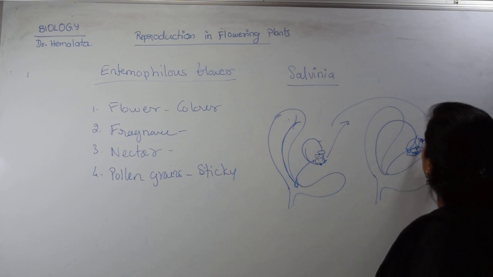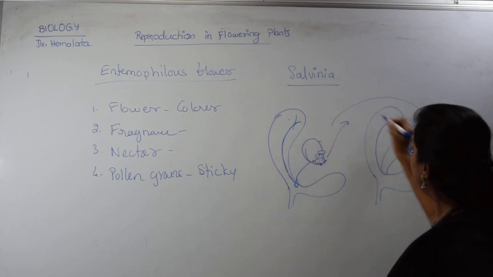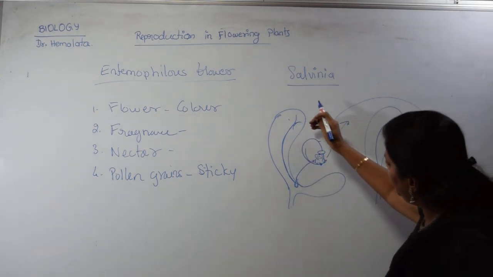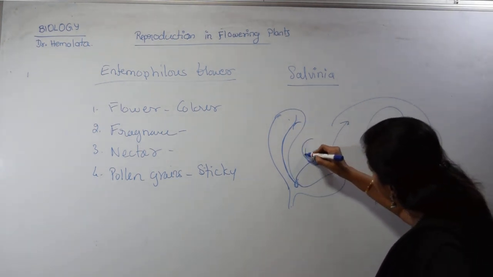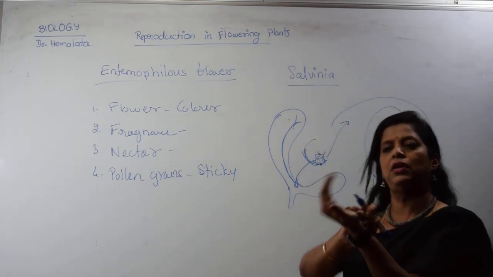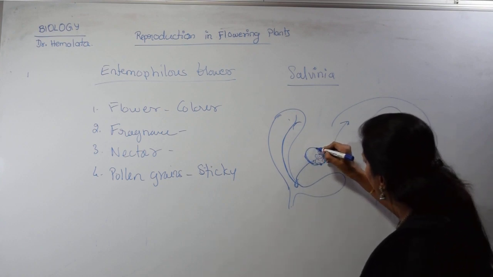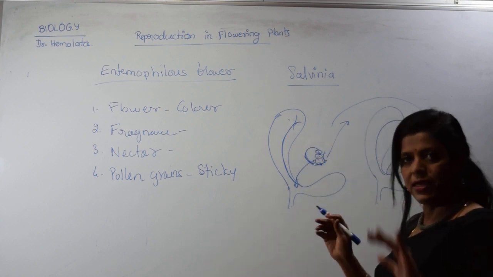And this insect will be continuously doing this activity. Apart from the anther bending down and hitting it, next time when it visits, actually it is not bending, it's like a seesaw. You know a seesaw: whenever you sit here, this comes up. So whenever the insect sits here, this will come back and hit it. It's like a seesaw.